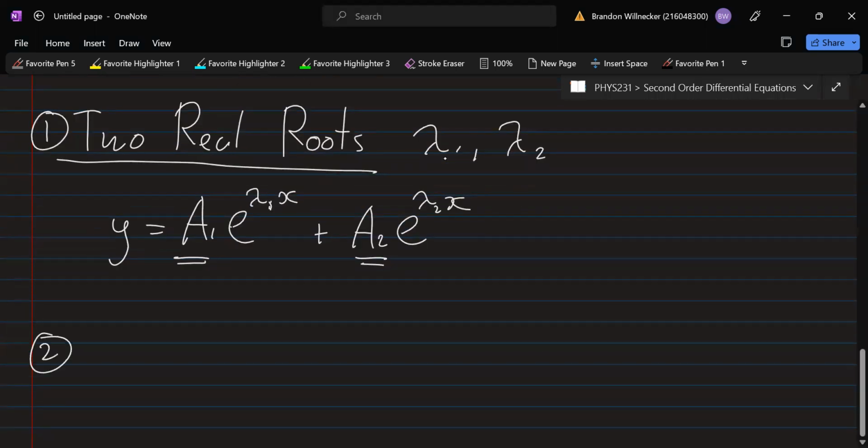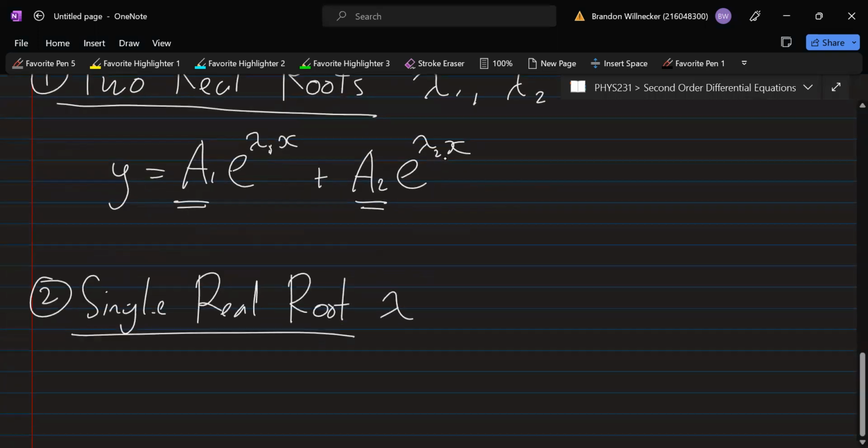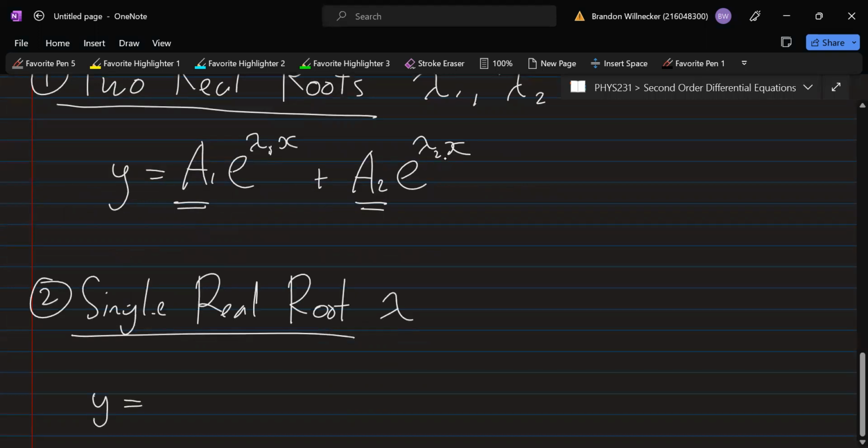Then number two, if we have a single real root lambda, the solution is going to be y is equal to a1 e to the lambda x. However, we can't just have one solution like this, because you can think of the solution space as a two-dimensional vector space. So we need two independent solutions to span the two-dimensional space.